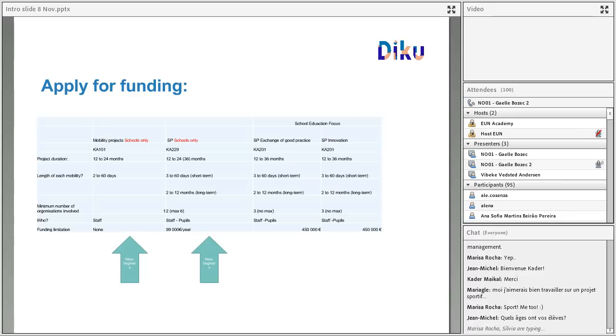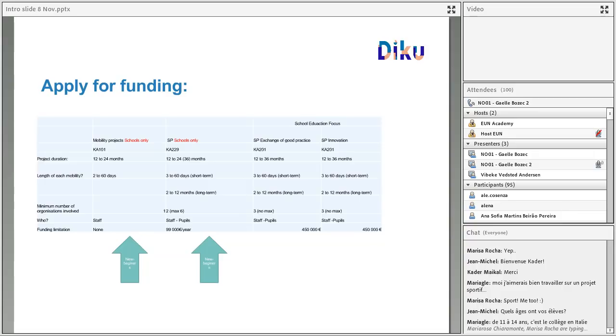If you want to take some of your pupils abroad, and that is the main goal, it's the second column. In the second column, the strategic partnership for schools only, you might combine that with virtual mobility, and virtual mobility is actually eTwinning.